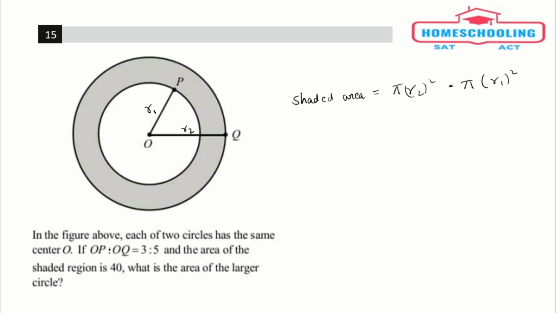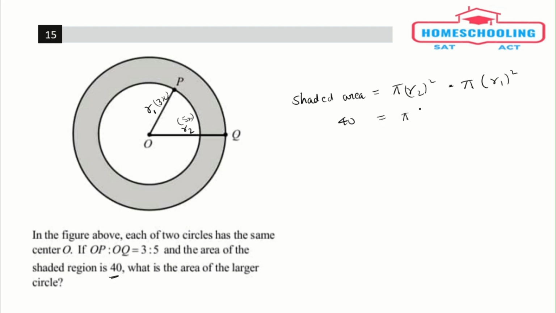One more thing is mentioned in the question, that OP and OQ are in a ratio 3:5. So we also have to consider that. Let's take r1 as 3x and r2 as 5x, as they are in ratio 3:5. The shaded area given is 40 pi.